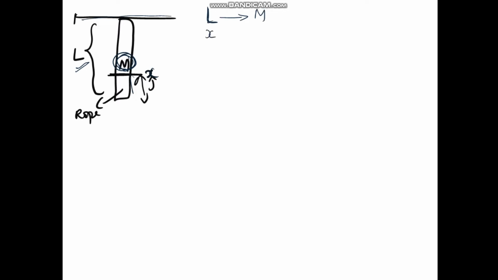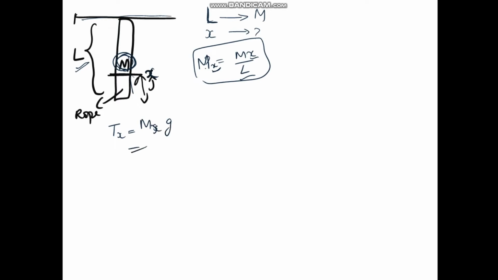Then for the length x, what is the mass? The mass is mx by L. Now let us find the tension at x. It is mass of x into g, and mass of x we found to be m into x by L, into g.